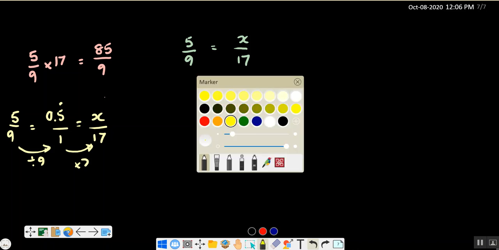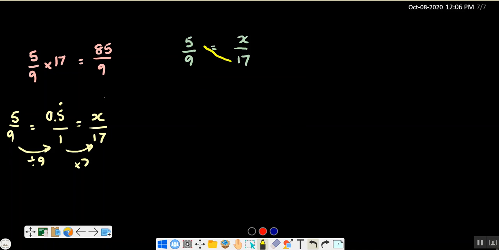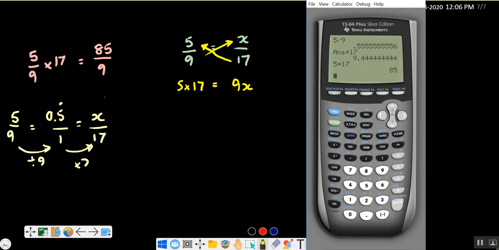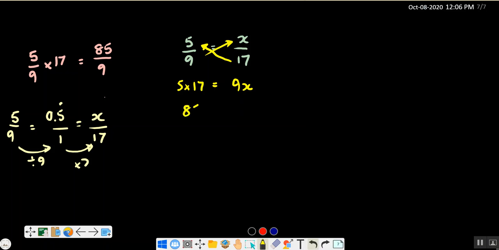Multiplying gives me 5 multiplied by 17, and this side would be 9x. I then do 5 multiplied by 17, which is 85. So 85 is equal to 9x. And then what do I do?